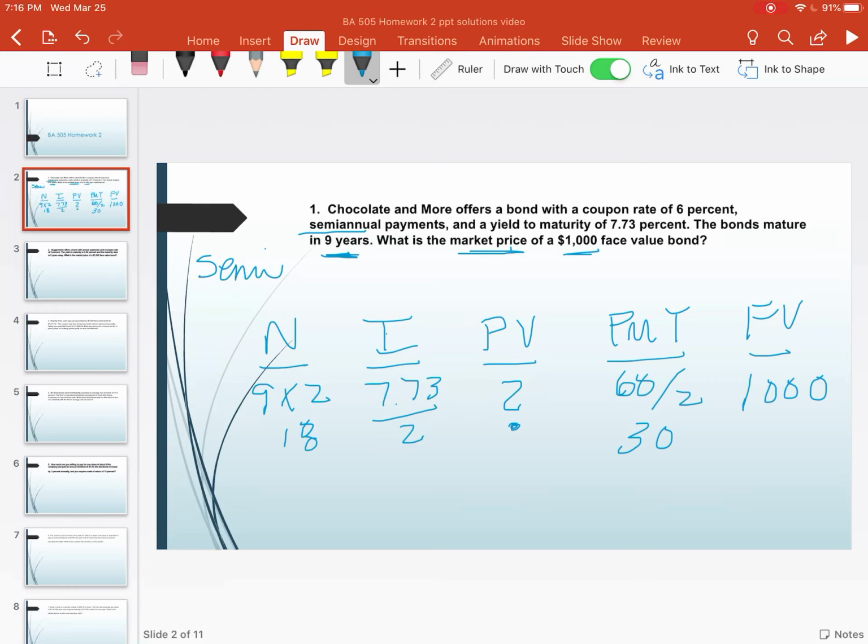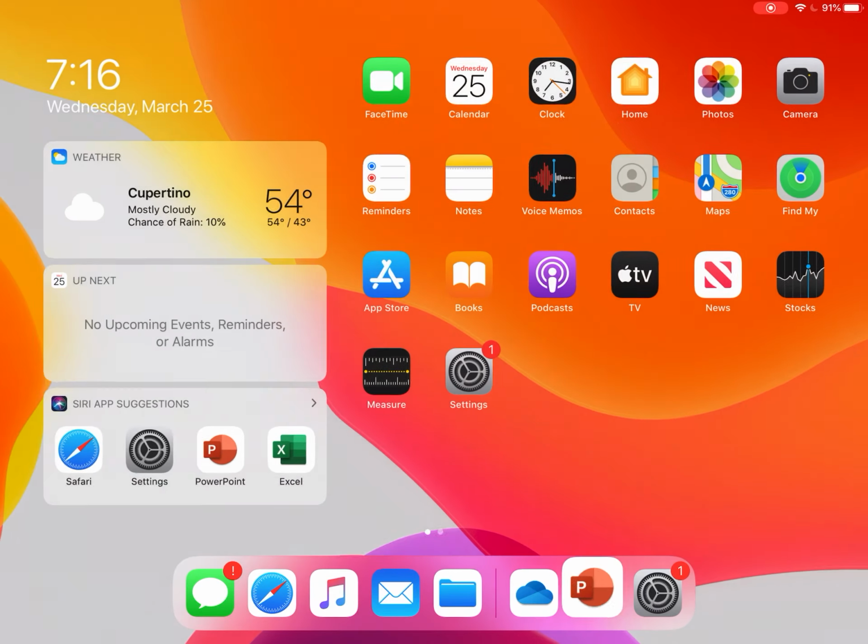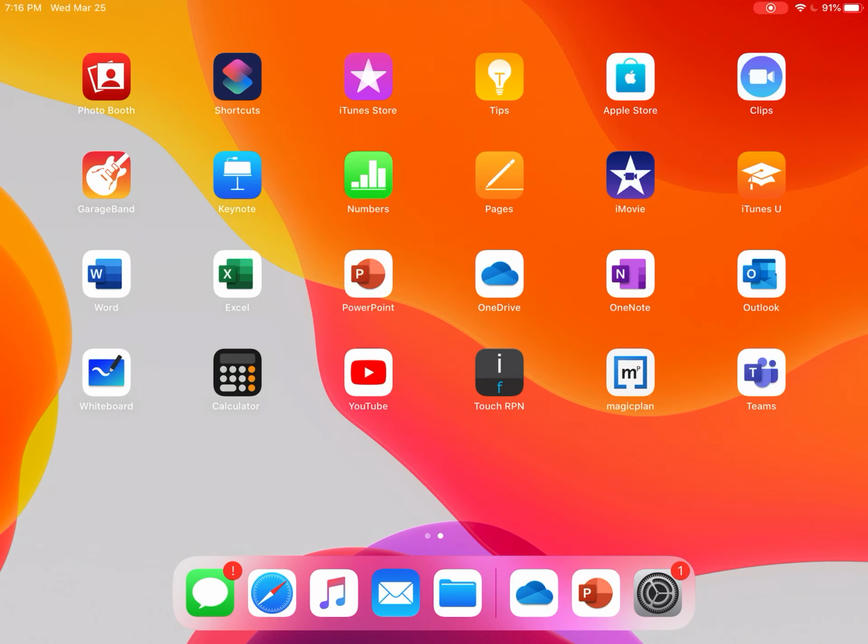Because that 7.73 is not the periodic yield to maturity until we divide it by 2, okay? So solving for a present value, we have 18 in for N.